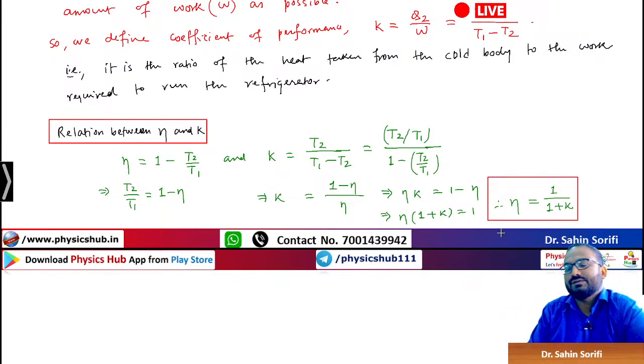You see, eta is equal to 1 by 1 plus something, so it will obviously be less than 1. Eta is always less than 1. So in that way you can remember. If it became 1 minus k, then eta would have been greater than 1. So in this way you can remember this formula: eta is equal to 1 by 1 plus k. Make sure that eta is less than 1. Then you will not forget the formula.